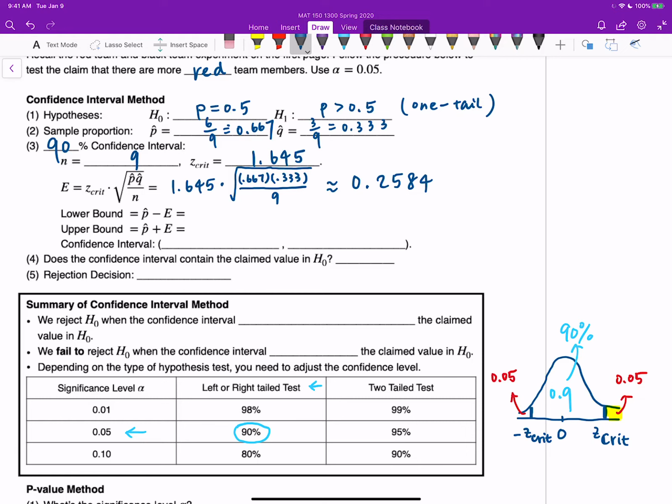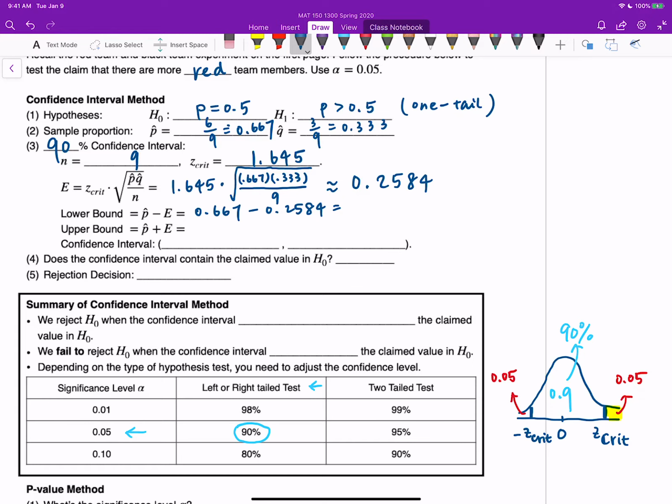To construct the confidence interval, margin of error is the most important part, as you may remember. To find out the lower bound, you start with your sample proportion, which is 0.667, and you subtract our margin of error, which is 0.2584, and you obtain your lower bound. So let's find out what lower bound is.